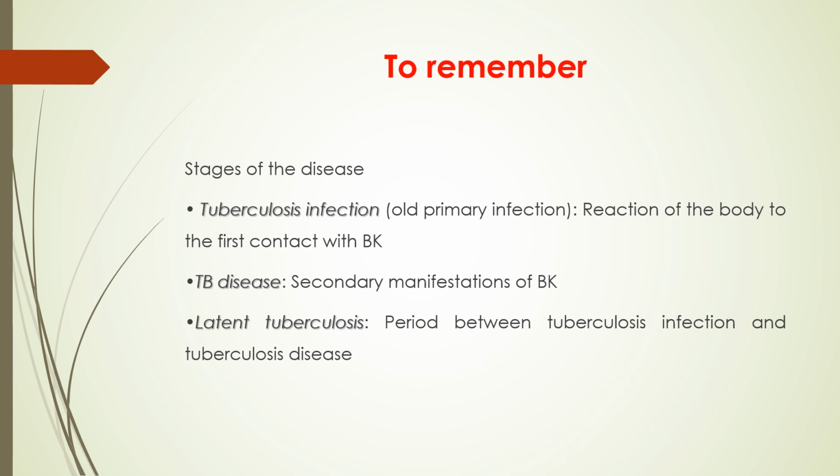Second, we have the tuberculosis disease. It is the secondary manifestation of the Koch bacillus, and between these tuberculosis infection and disease, we have what we call latent tuberculosis infection. It is a period between tuberculosis infection and tuberculosis disease.